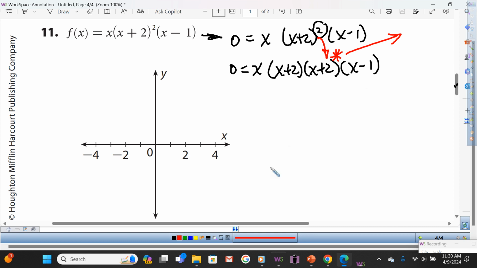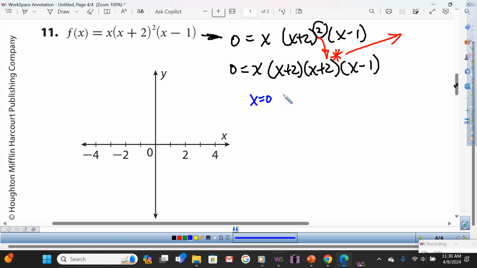And now we know what to do from there, yes? All right. Make them all equal to 0.